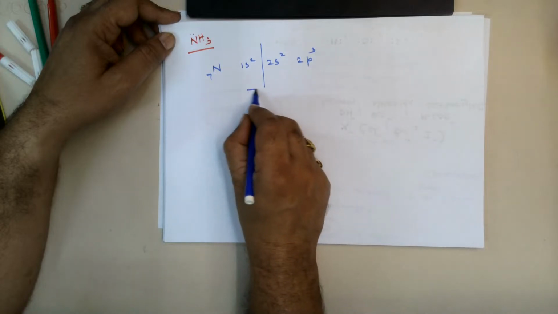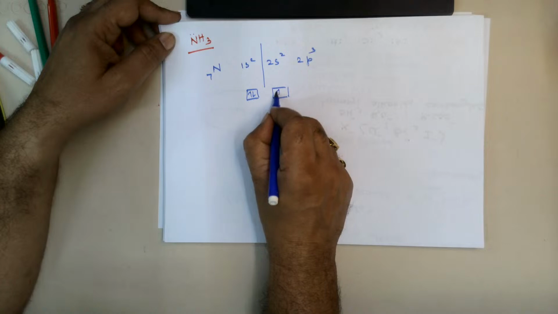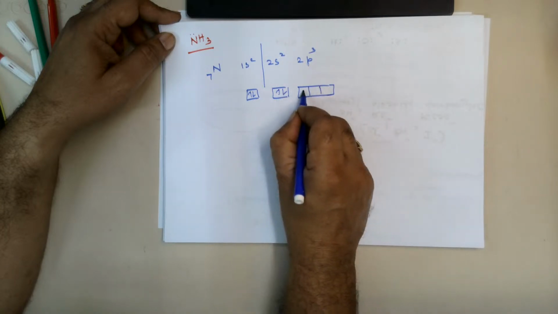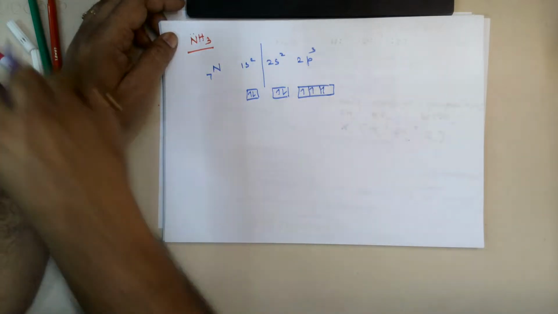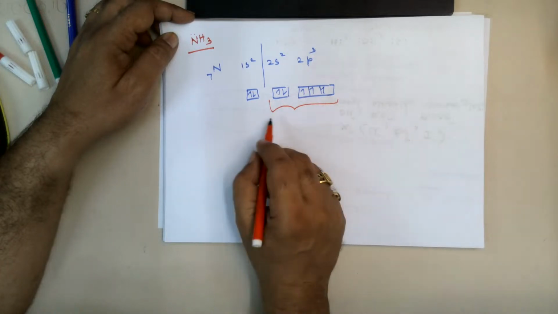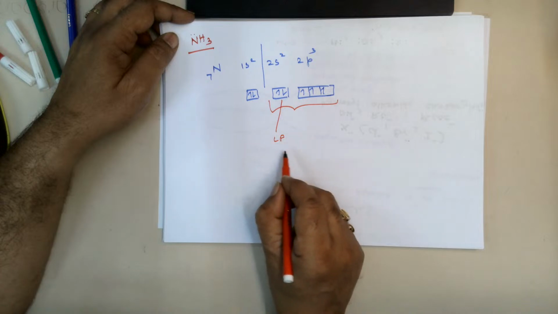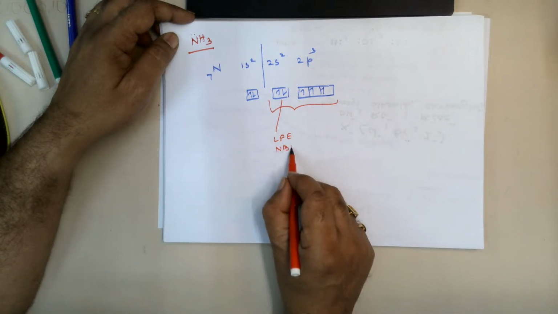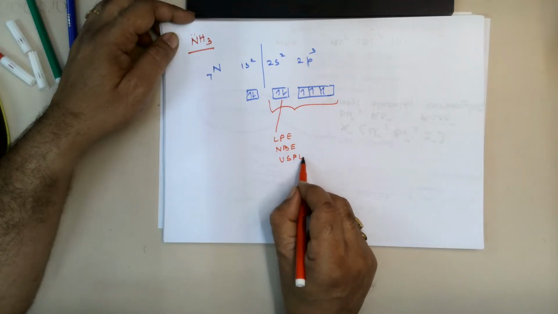It means you can draw by the box model 1s2, 2s2, 2p3. And what about this outermost shell? The second shell is the outermost shell. It contains one pair; this is called a lone pair of electrons or non-bonding electrons or unshared pair of electrons.